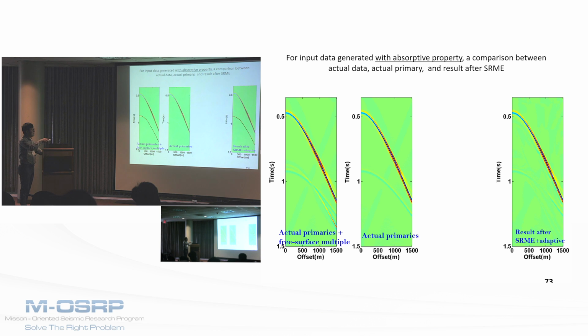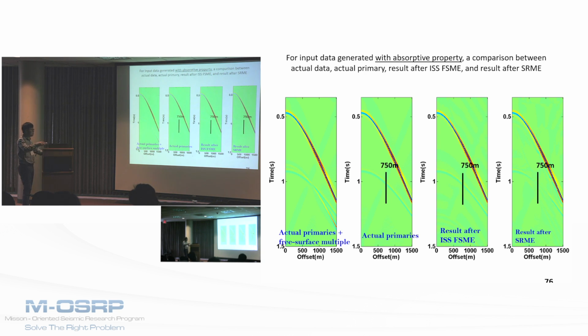The free surface multiple is removed with this approximate prediction combined with adaptive, and part of the interfering primary is damaged by this adaptive procedure, as highlighted by these black arrows, black circles.